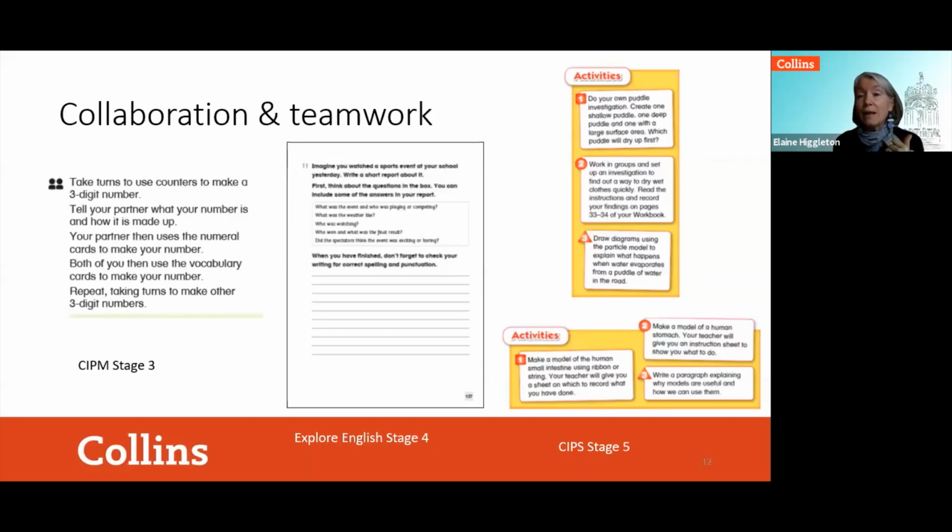Create a shallow puddle, a deep puddle, and one with a large surface. Work in groups to investigate. So there are plenty of opportunities for collaboration and group work. The activity at the bottom can be done as an individual activity or as a group or pair activity.